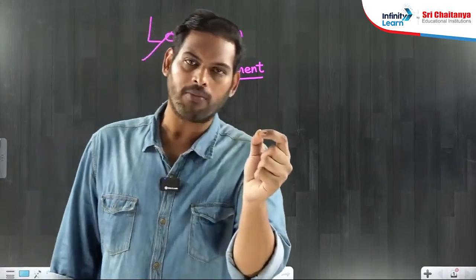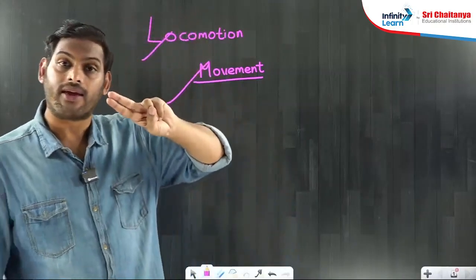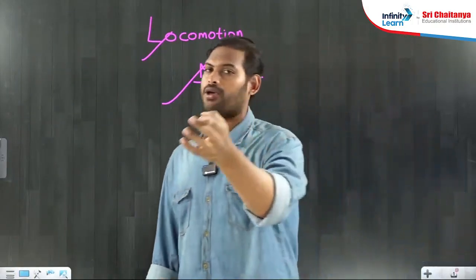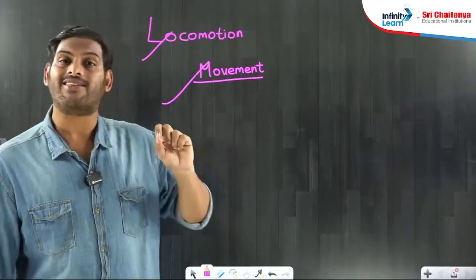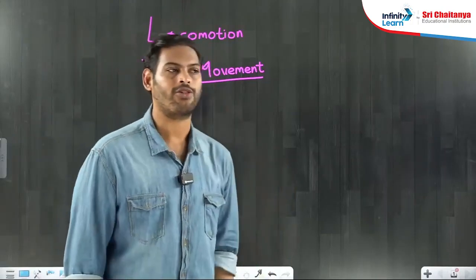Any change in body posture could be considered as movement, but if this movement is responsible for change in your location, change in your position, we refer that event as locomotion.